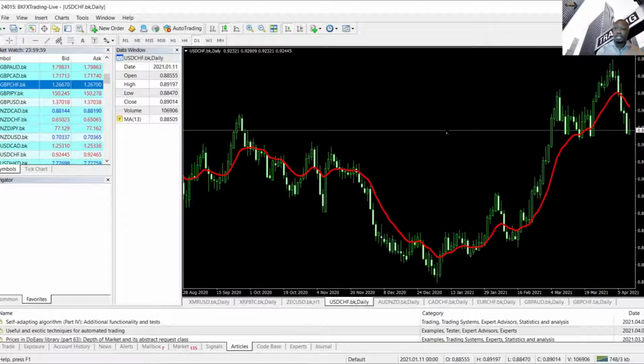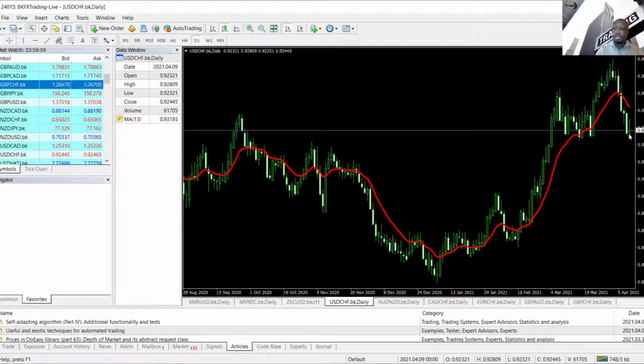Now, our first pair we're going to be analyzing and suggesting for everyone will be the USD Swiss franc. From our own analysis and from the moving average we can see here, this pair has pulled back. The bears did try to force it down, but the bulls came in and pushed it back up.